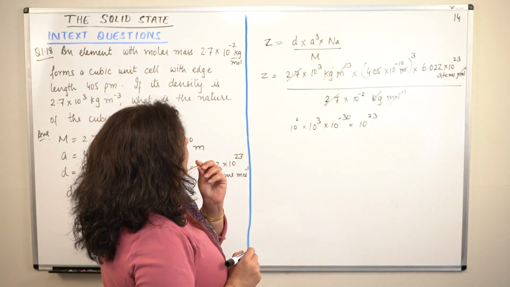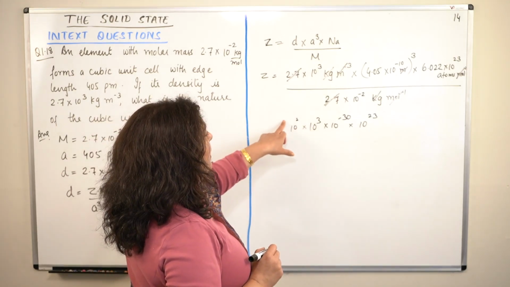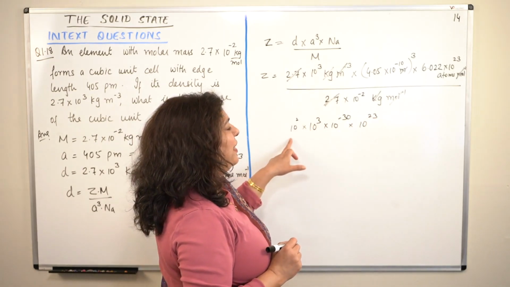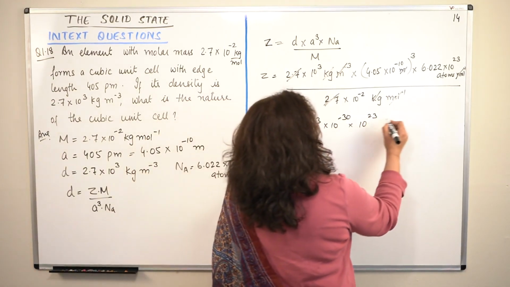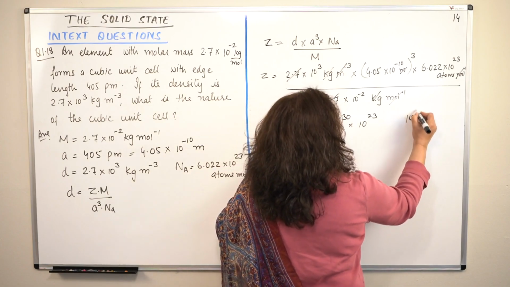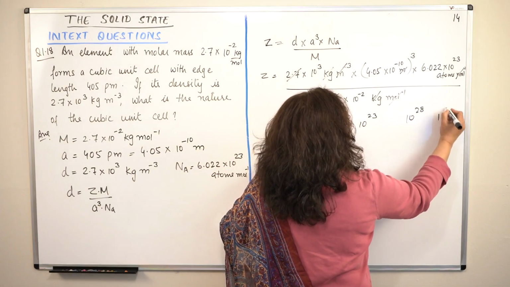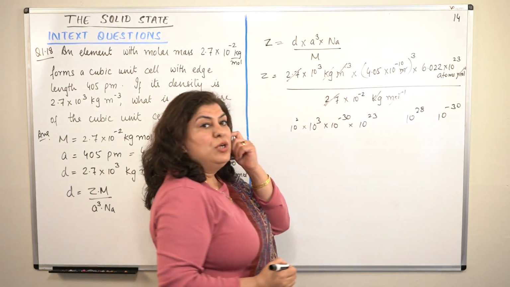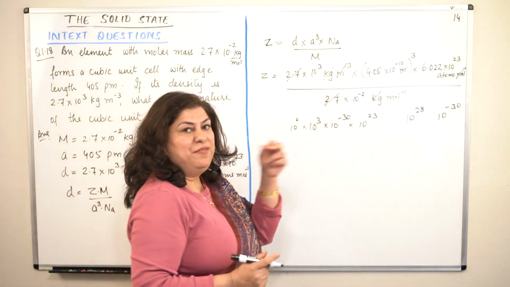So 10 to the power 3 plus 23 plus 2 is 28. The positives are 10 to the power 28 and the negatives are 10 to the power minus 30. So 10 to the power minus 2 will remain.